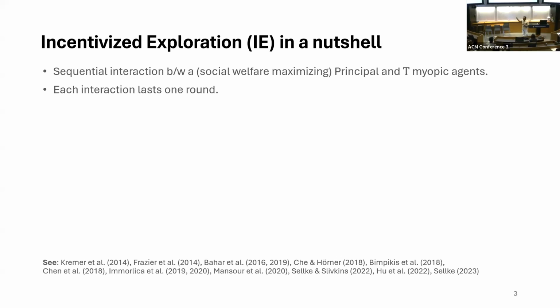Each agent, in the classic model, interacts with the platform or the principal for only one round. These agents are endowed with prior beliefs about the goodness of actions. More specifically, they have prior beliefs about the possible rewards that they could get by following any of the possible actions that they have access to on the platform.